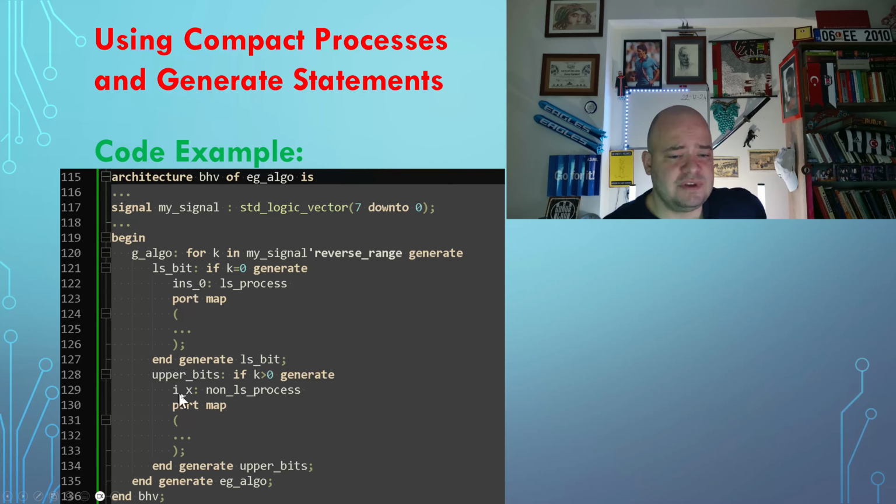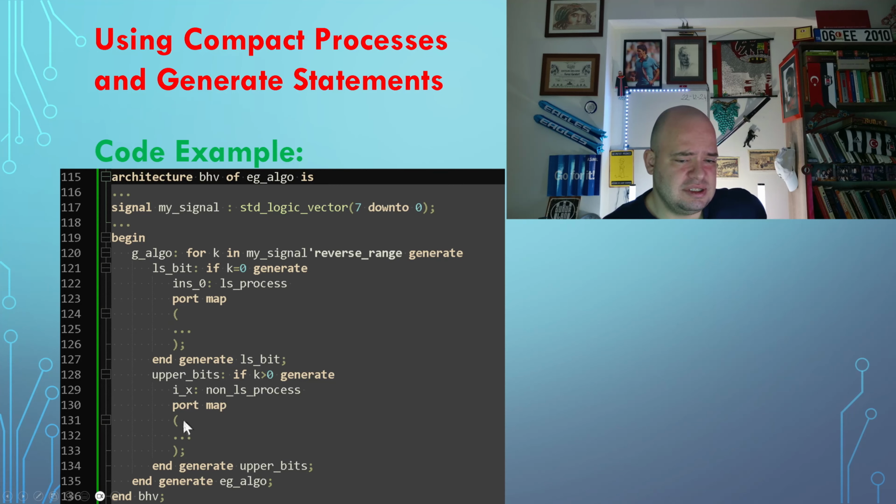What are the benefits? If you wouldn't use this for generate statement, you would write that port map of LS process one time, but you need to do this port map stuff for non-LS process 7 times.